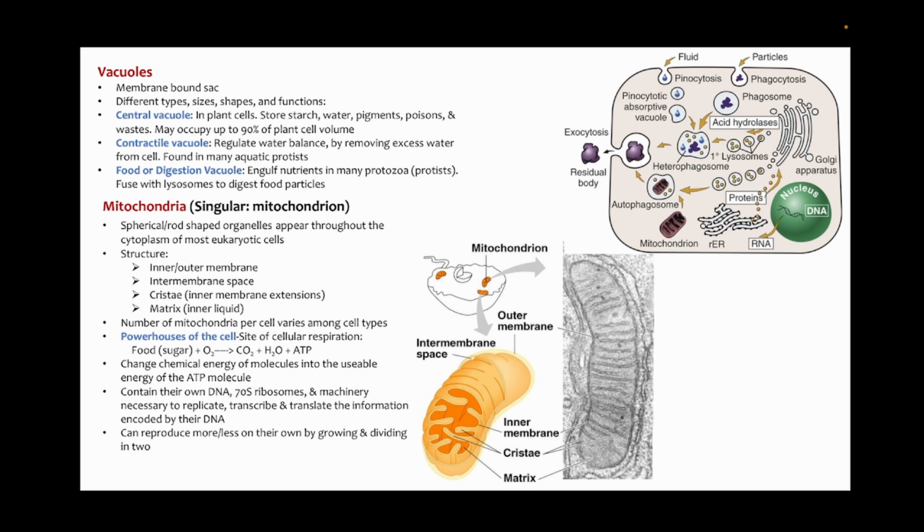So the mitochondria in a eukaryotic cell can grow and divide by itself. Okay, so before a cell divides, the organelles will replicate first, so that you have enough mitochondria in both new cells.